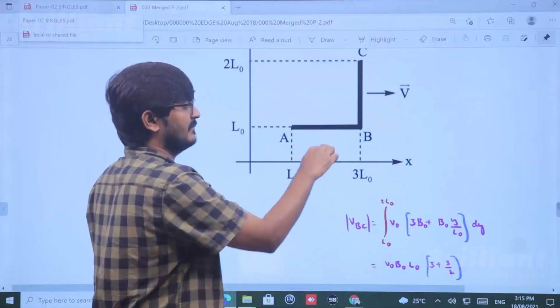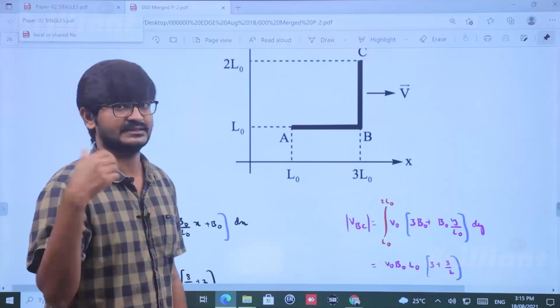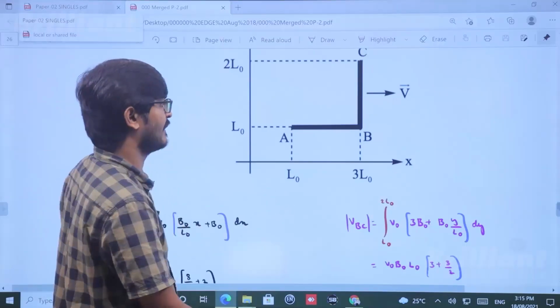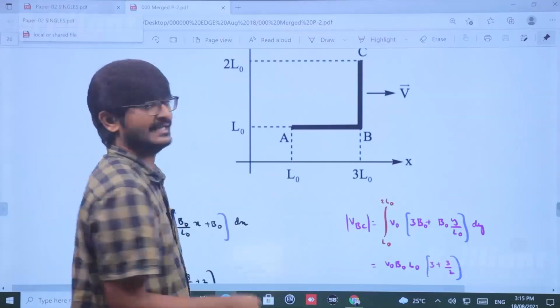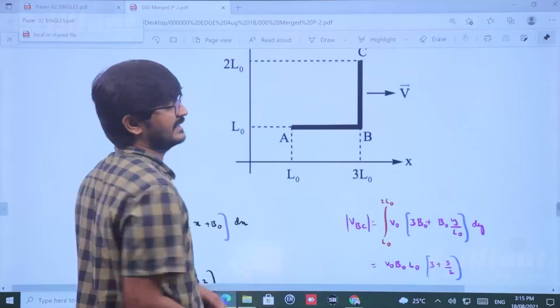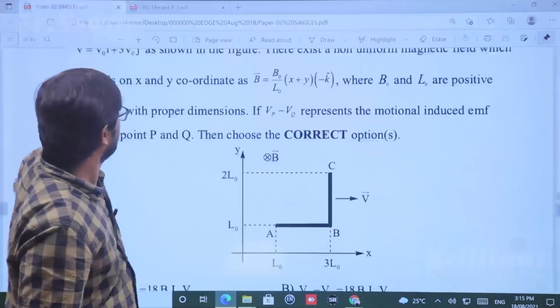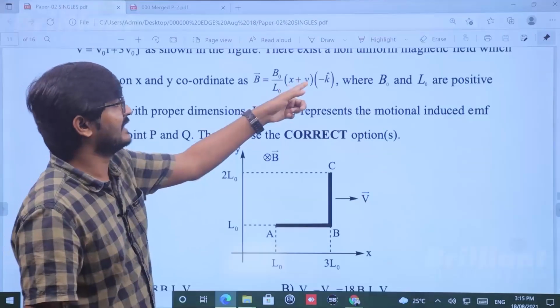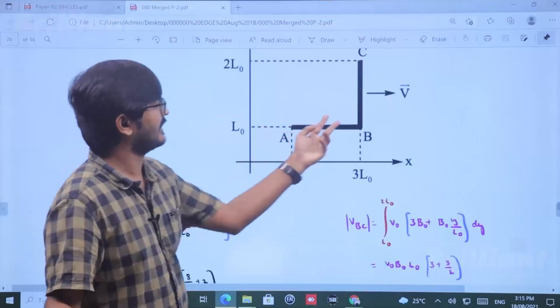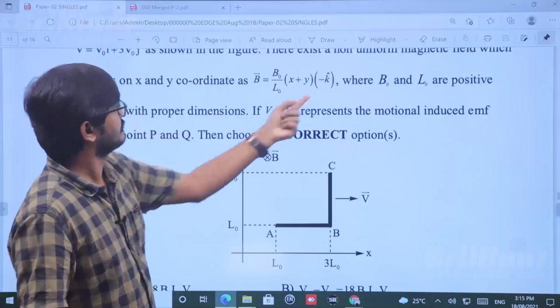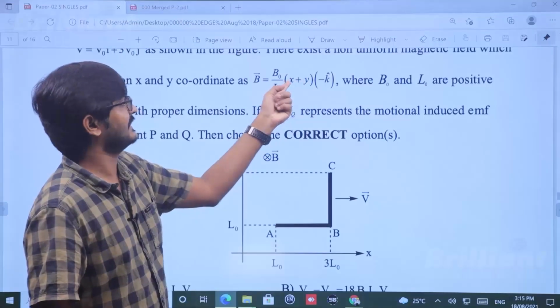You will take some element and find what is the induced EMF in that element, and then integrate. Now if I take some element at a distance x, when its x coordinate is x, look at this: the y coordinate is L0, no matter which point I take on it. The only thing which varies is x, right?